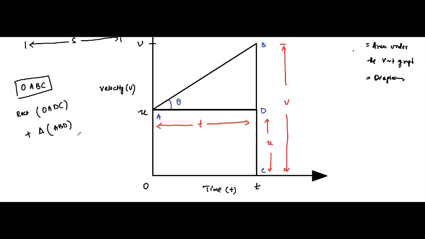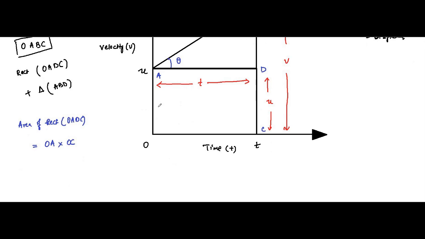Now here the area of the rectangle is simply OA into OC or OA into AD, whatever you want to call it, because OC is equal to AD. So here the area of rectangle OADC is equal to OA into OC, or we can write it as AD into CD, anything will be correct.